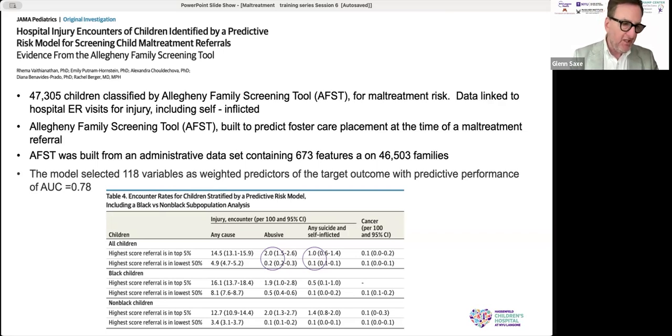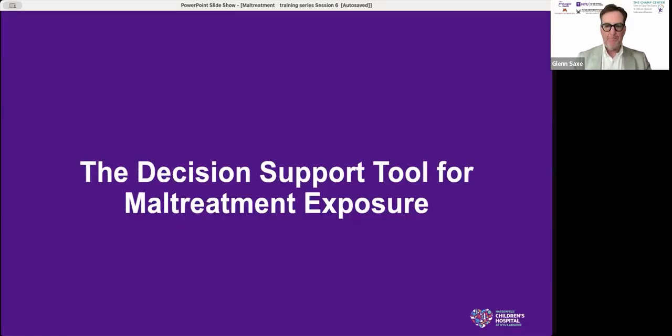It's a good example, again, of one of the things that we're trying to do, which is have a tool that not only categorizes someone based on prediction of maltreatment, but also shows what you can do to reduce that risk. And that's what I want to talk about next.